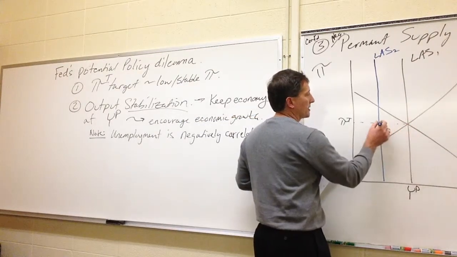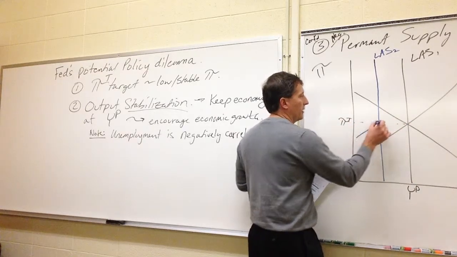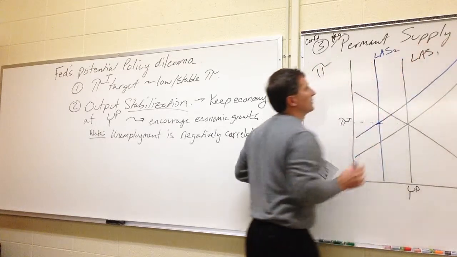And then the aggregate supply curve at that target level of inflation, you can draw the AS2.